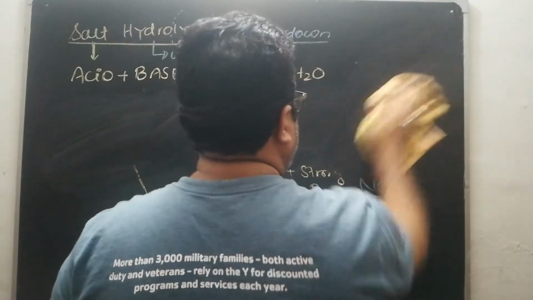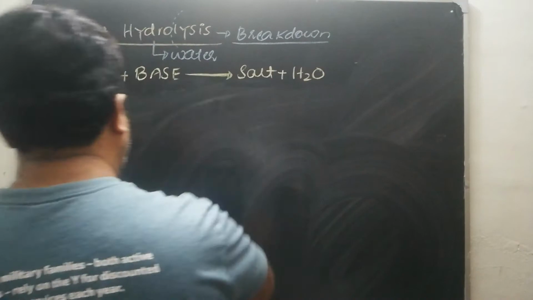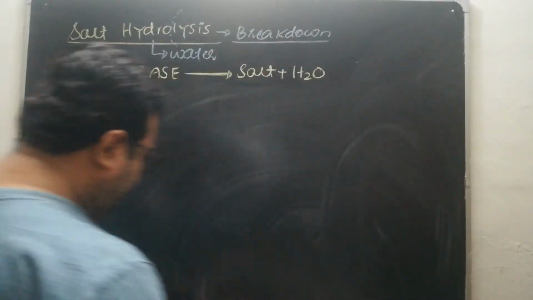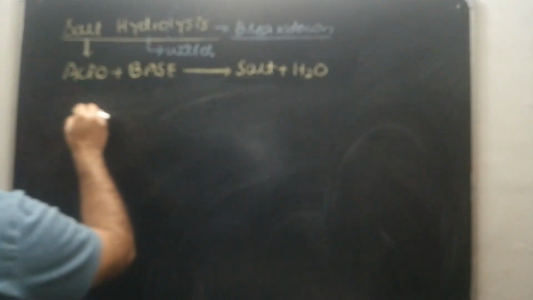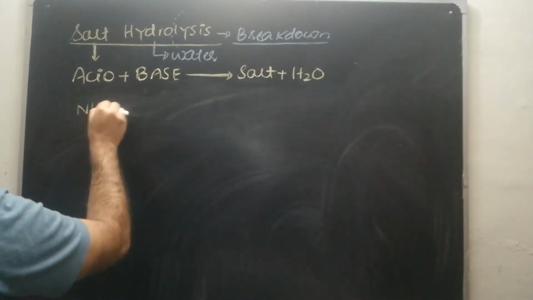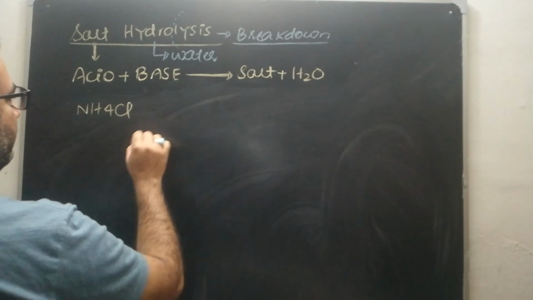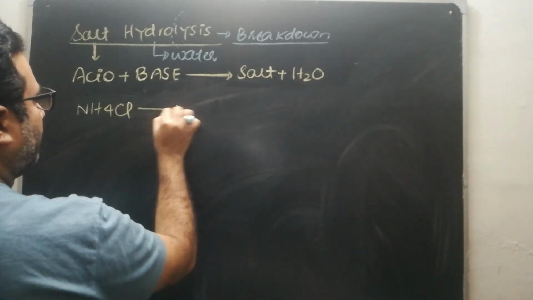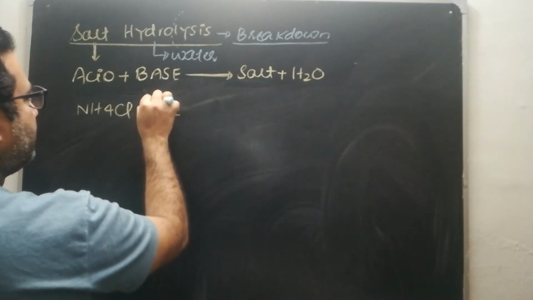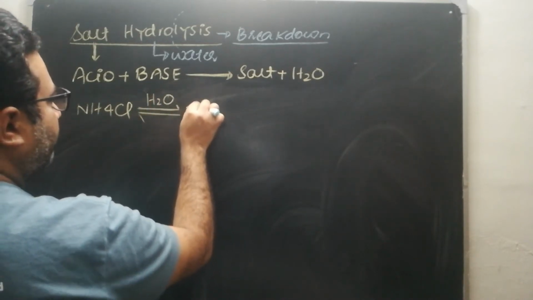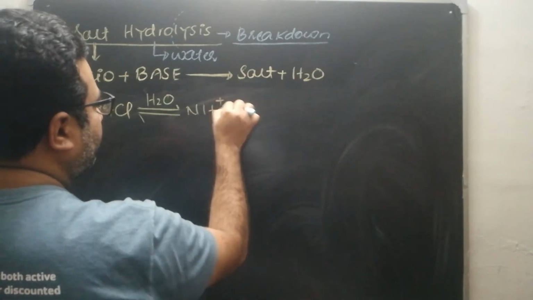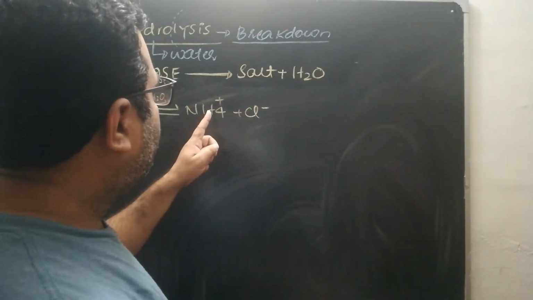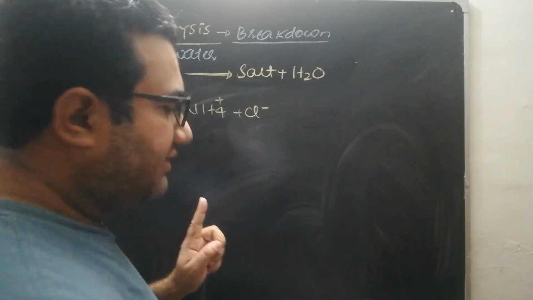First of all, let us take the example of ammonium chloride. When ammonium chloride dissolves in water, it forms ammonium ion and chloride ion. Listen very carefully.